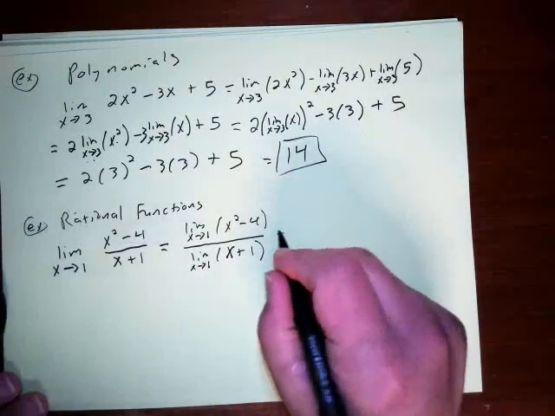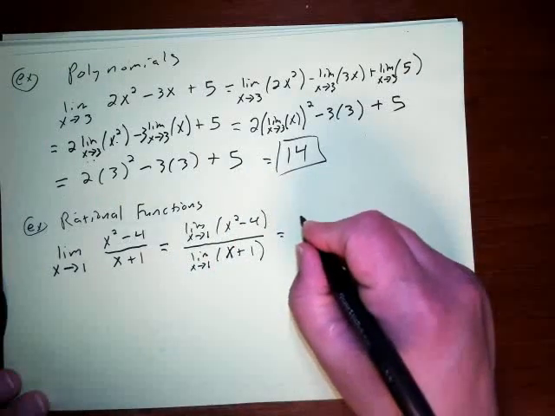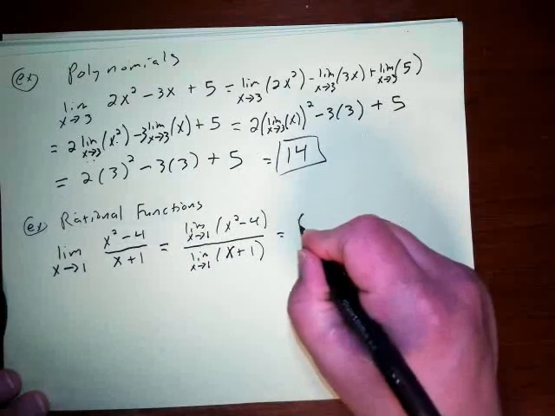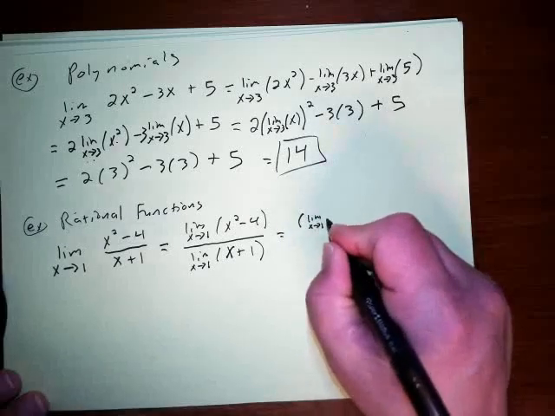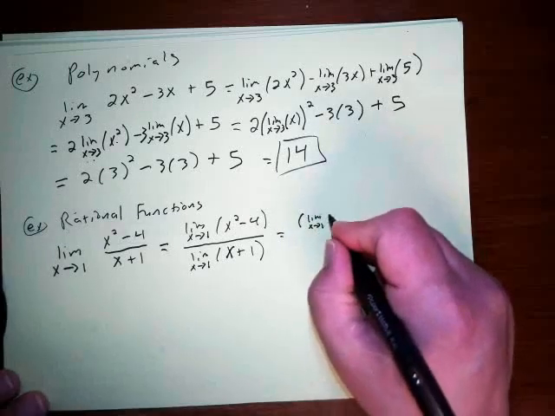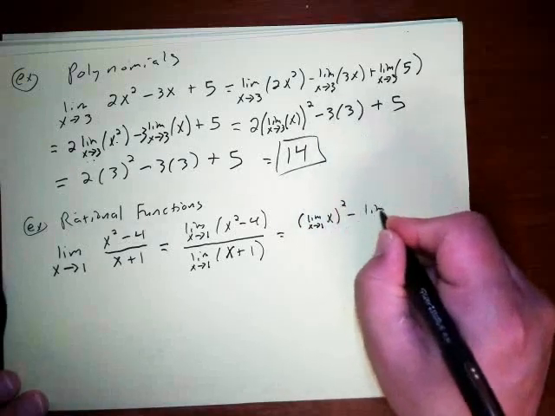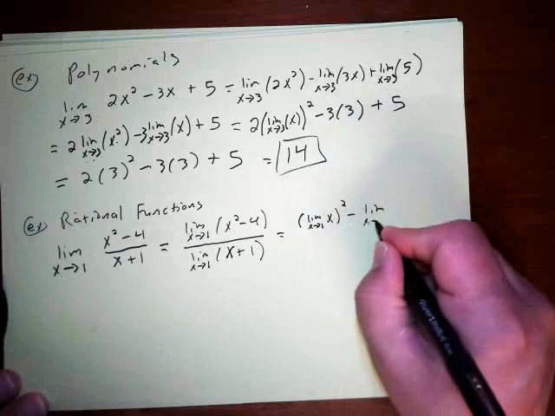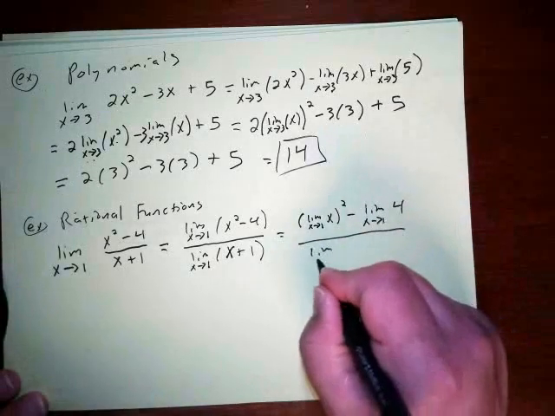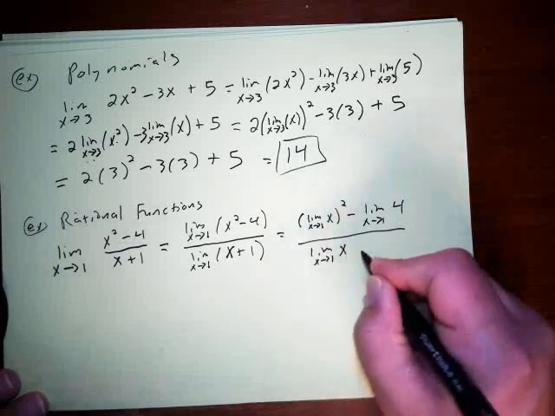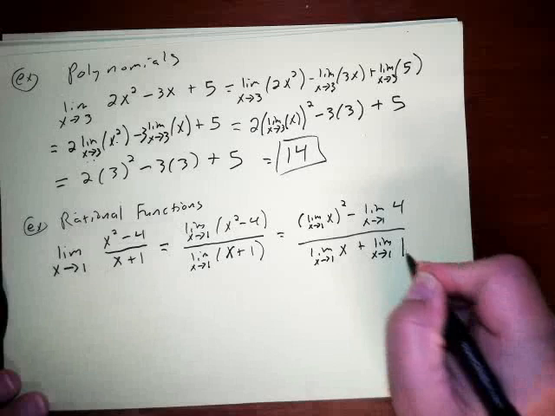So, of course I could split all this up. Maybe I'll just do it all in one step here. This would be the limit as x approaches 1 of x, that quantity squared, minus the limit as x approaches 1 of 4, over the limit as x approaches 1 of x plus the limit as x approaches 1 of 1.